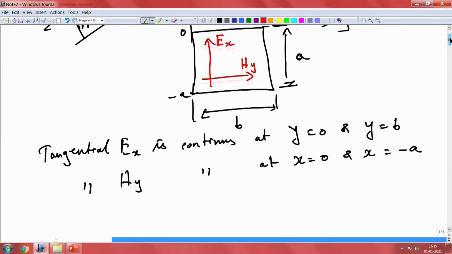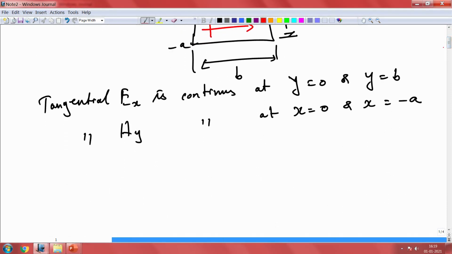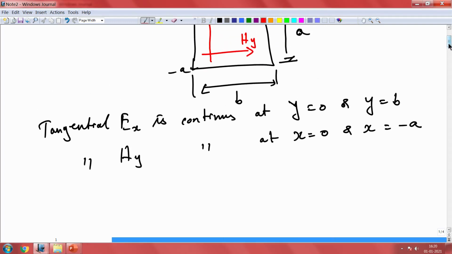All we are trying to do is understand this from our earlier understanding of the film. This is where Marcatelli has proposed what your Kx and Ky should be in this case.